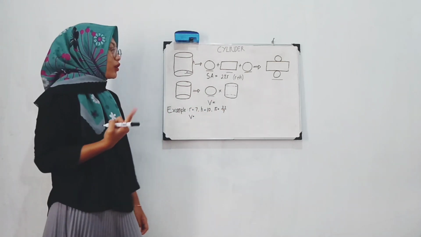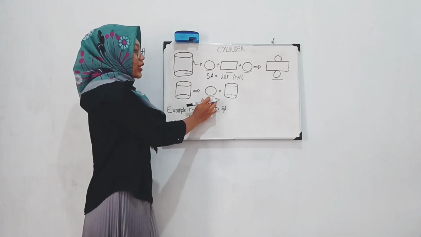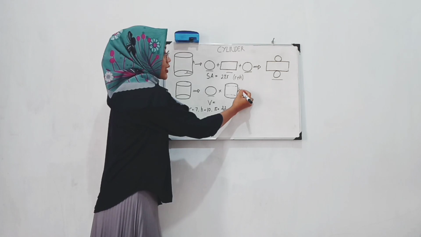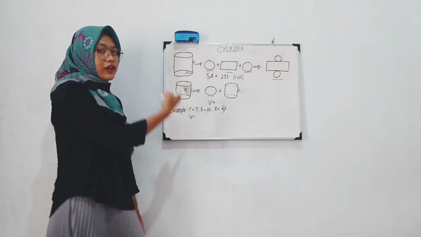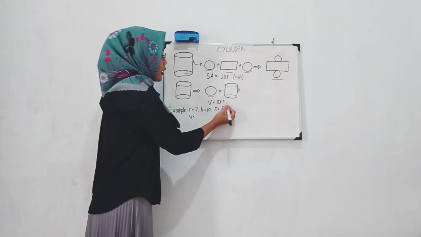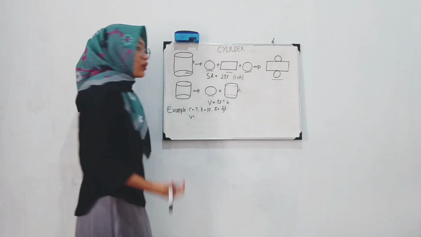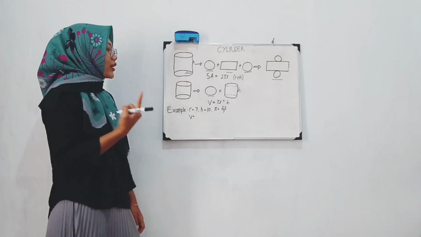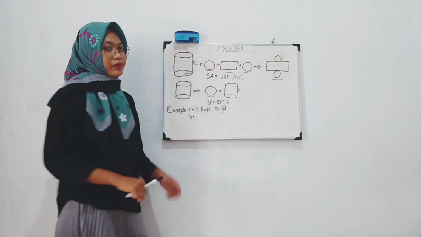So, volume of a cylinder equals area of circle times height of cylinder. Area of circle is πr square, times height. So, volume of a cylinder equals πr square times height.